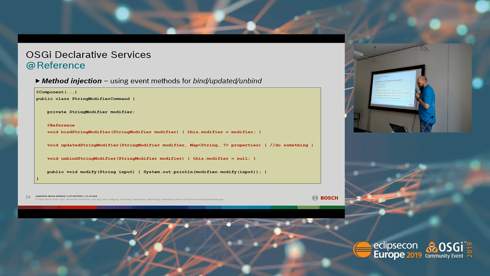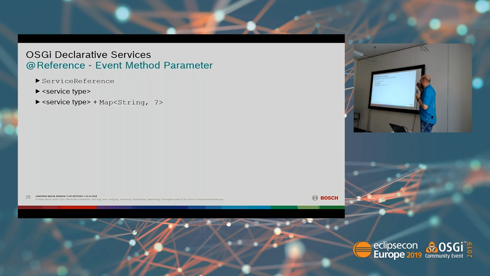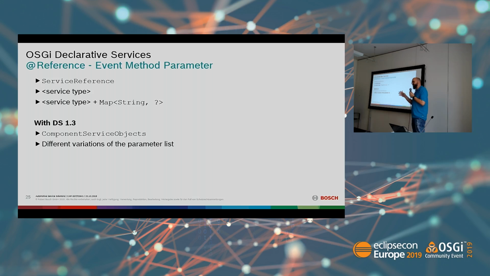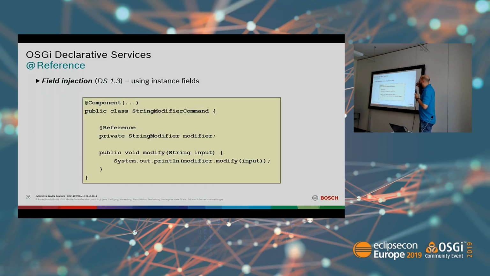With DS 1.3, first, the event method parameters are the service reference, the service type, or the service type plus the properties. And with DS 1.3, you can have component service objects and different variations of these. Before 1.3 this was kind of limited. But let's go on with the next one.